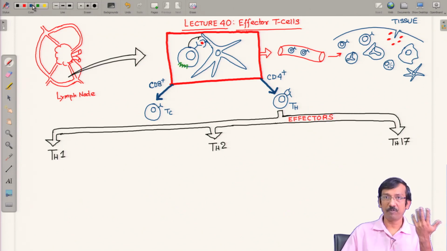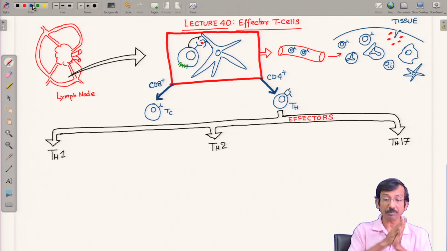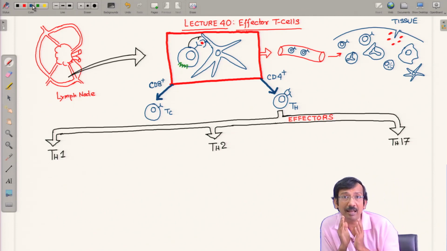So, with the antigen presenting cells, and one of the major cell types is the dendritic cell, because the dendritic cell is the cell that connects the innate and the adaptive system. So, it is a cell of both the innate and adaptive system, although there is a very classical differentiation between the cells of the innate and the adaptive system.